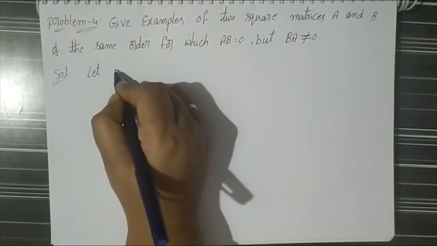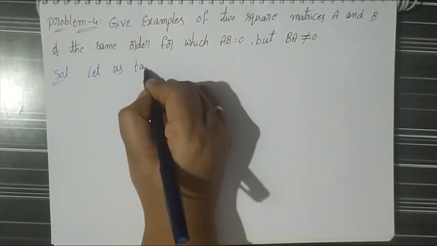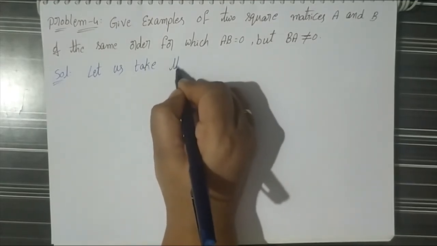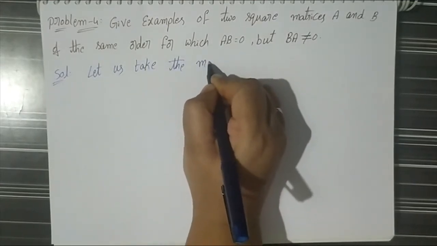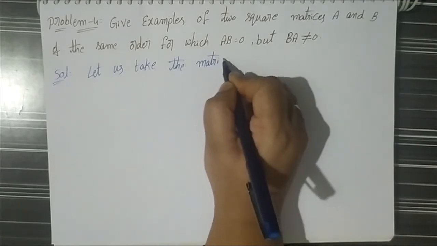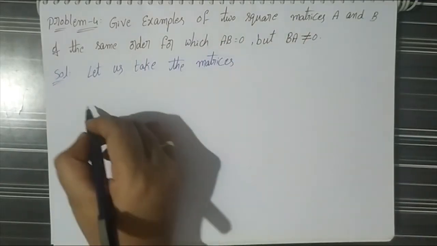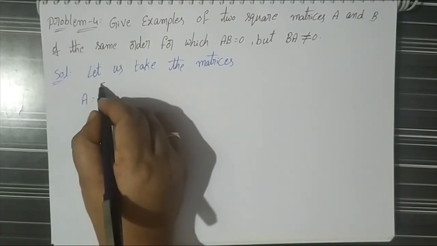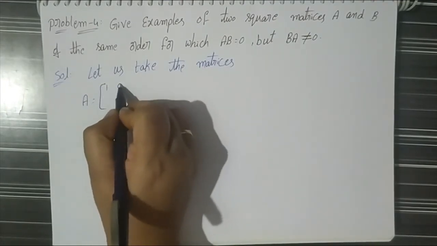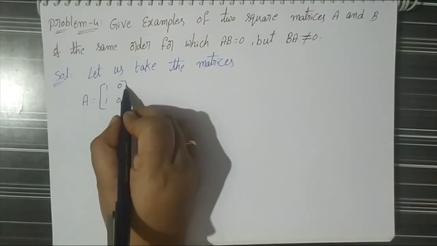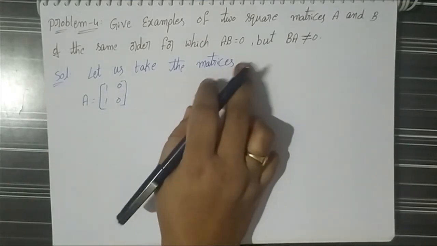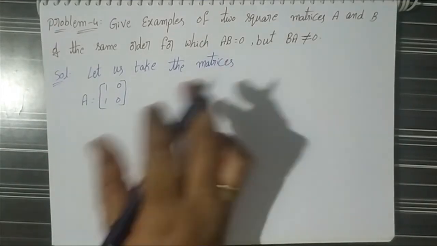Let us take the matrices for our assumptions. This is one of the examples; there are so many matrices like this. In this problem we can take only 2 by 2 matrices.